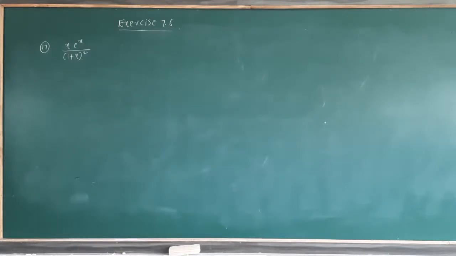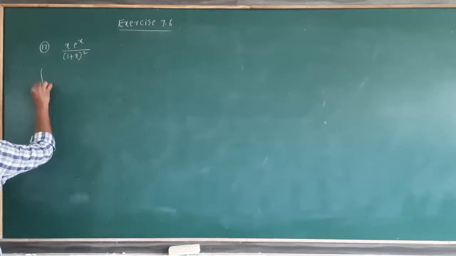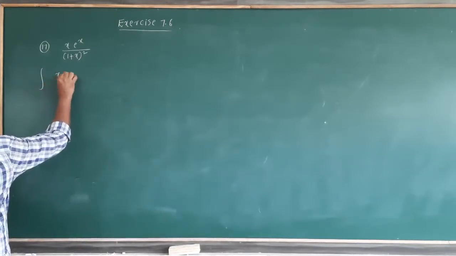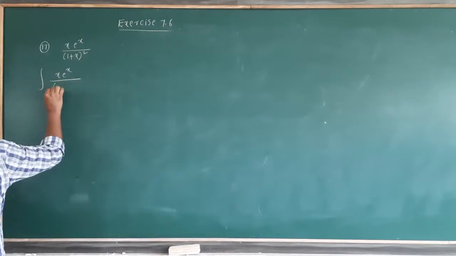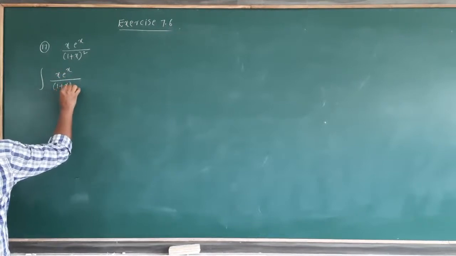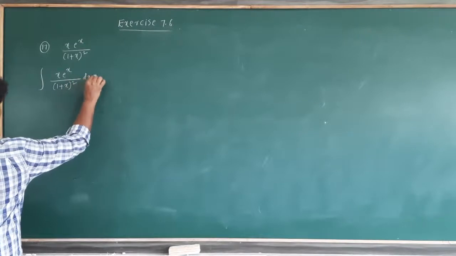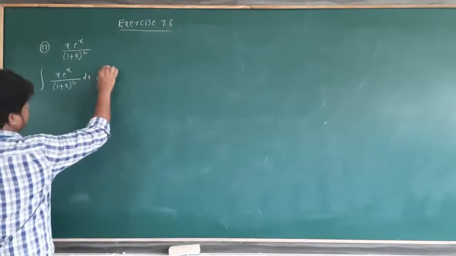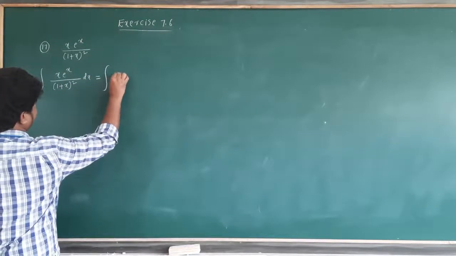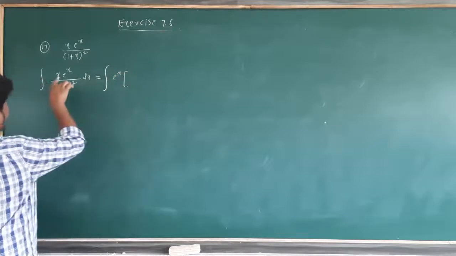Next, 17. That is x into e power x divided by 1 plus x whole square. You see, integral of x into e power x divided by 1 plus x whole square dx. How I am writing this one is first e power x. Next, here we have x now.